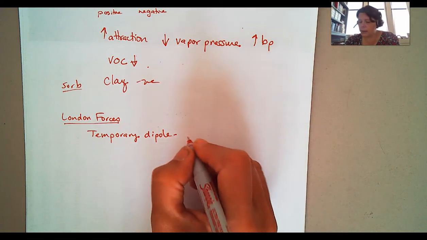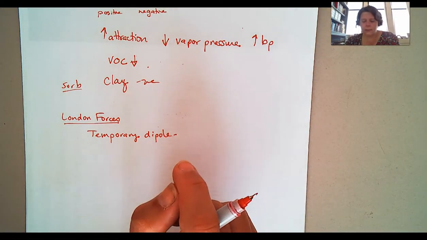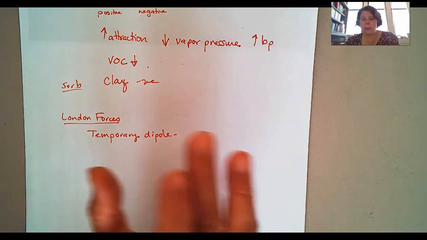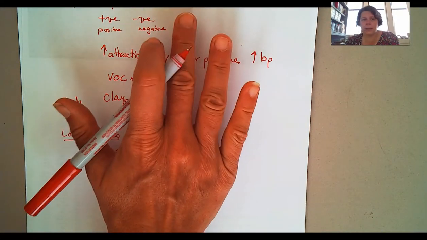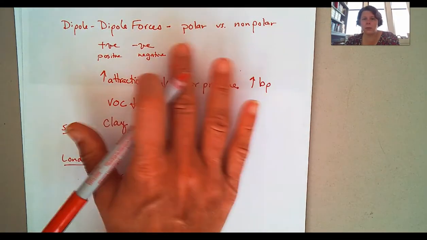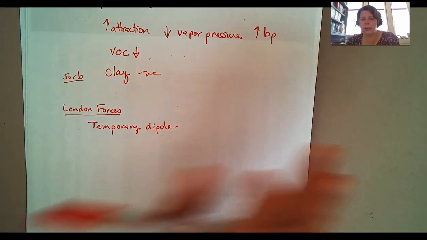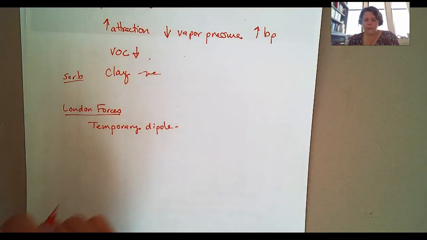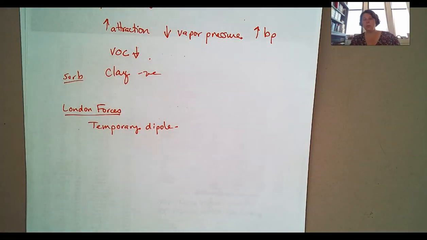That's when the electrons move to one side of a nonpolar molecule. So instead of just being a definitely polar molecule versus nonpolar molecule, you can get these temporary dipoles. This will induce a dipole in the very nearby environment. These are called London forces, and they're very short-lived.